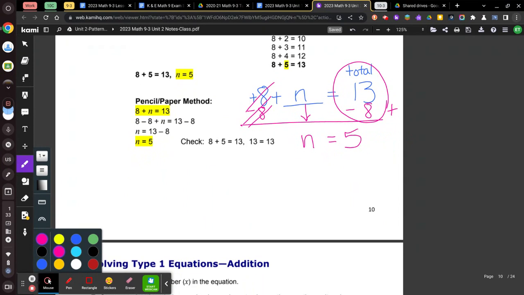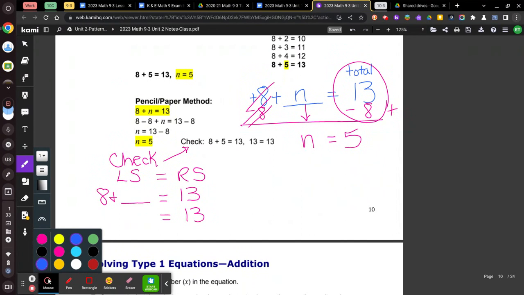All right, now how do you check your work? They're showing us a check here. This is where you check that your left side equals your right side. We know our right side is 13. Now I've got 8 plus the answer I just solved. I'm looking to see, does it make the number 13?